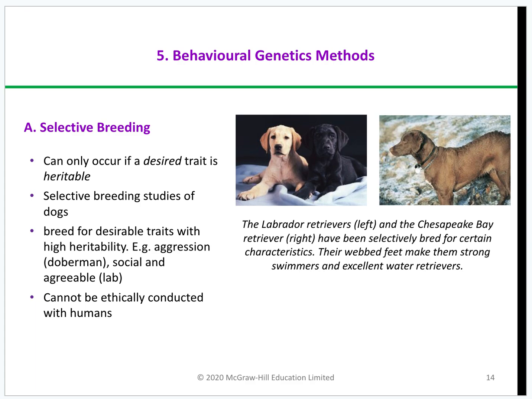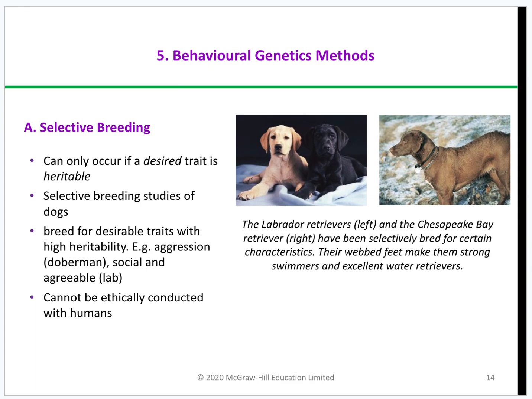So we can selectively breed for not only physical traits, like these dogs here, which were bred to have webbed feet so that they're better swimmers. They can be bred for different physical characteristics, but they can also be bred for different personalities.